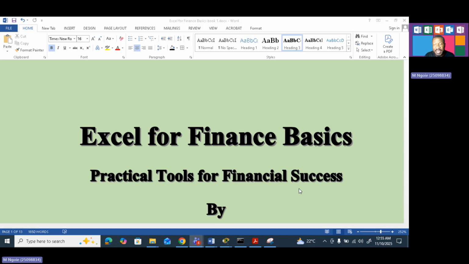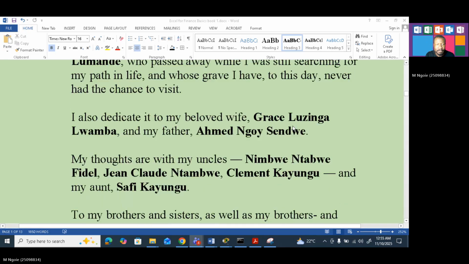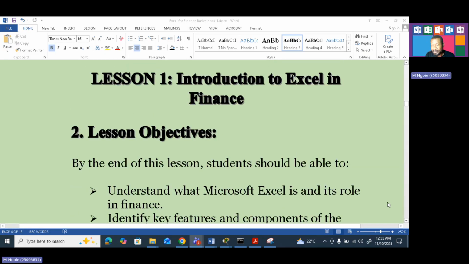So, Excel for finance basics, practical tools for financial success. This is lesson number one, introduction to Excel in finance. What are the objectives of this particular lesson or module?